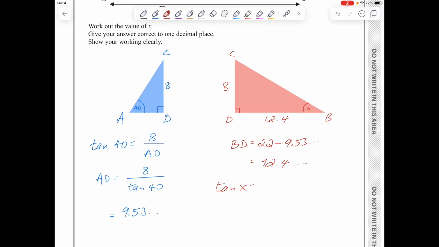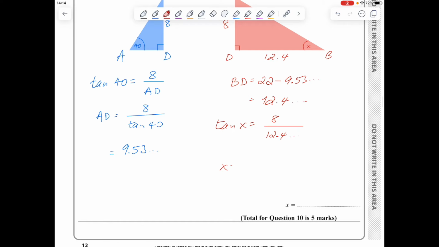So tan of X is equal to opposite, which is 8, over the adjacent, which is 12.4 with the rest of the digits. So X is the inverse tan of this fraction. You can put this on the calculator as it is and get an answer of 32.7 degrees to 1 decimal place.